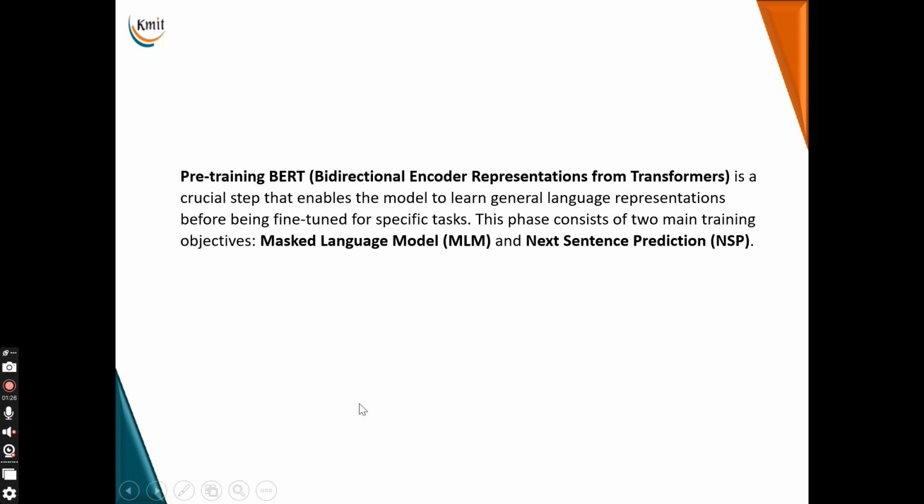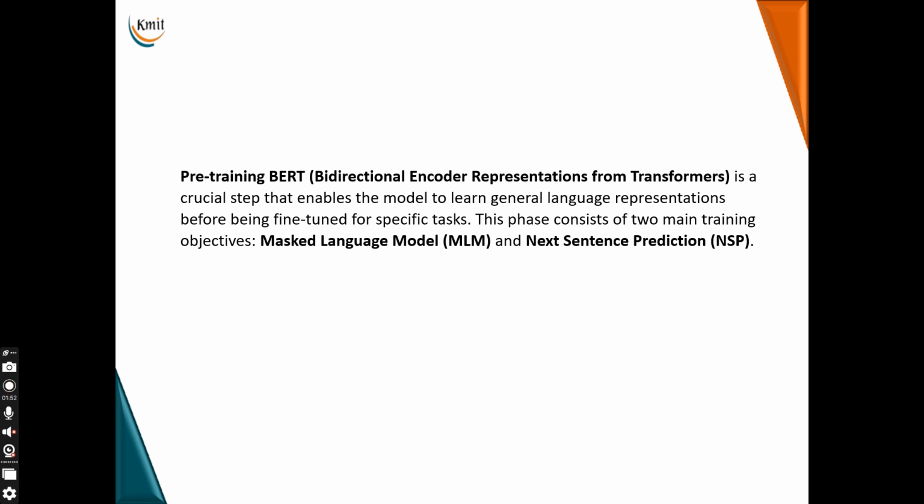So, pre-training of BERT. First of all, BERT stands for Bidirectional Encoder Representations, wherein the transformer's encoder works to generate the hidden states, and it can read through the input tokens from both directions. That is how it is a bidirectional encoder representation.